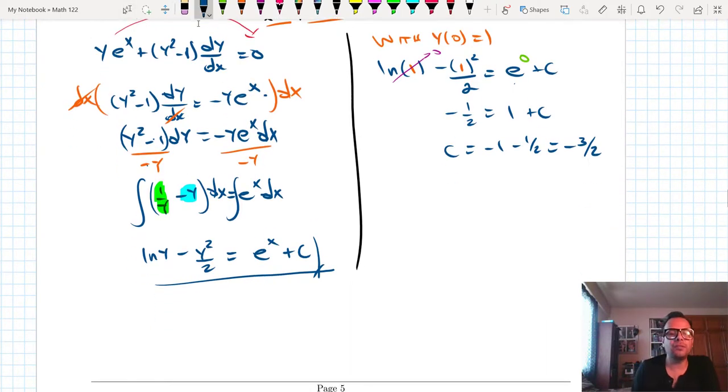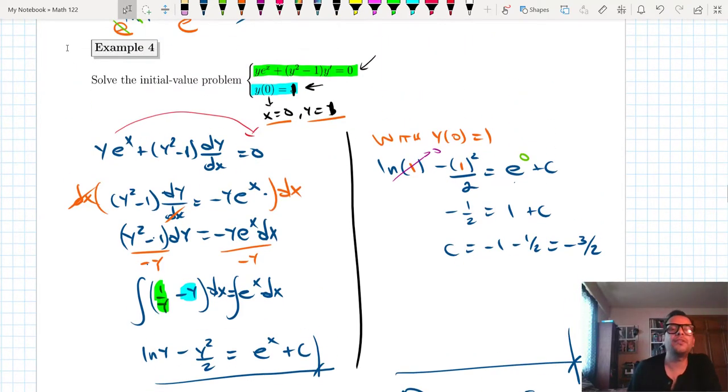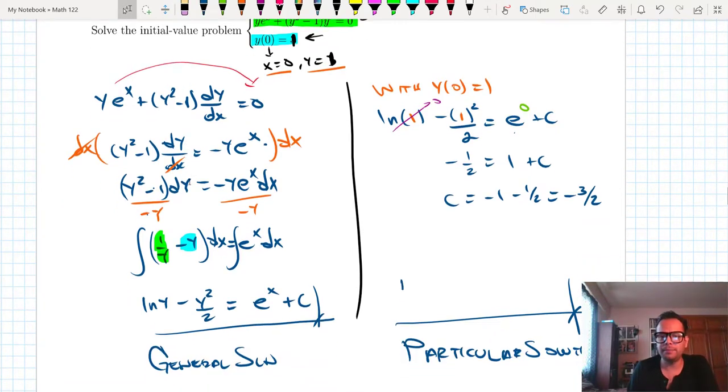So this is the general solution. Now the particular solution, that is the member of the family of the functions that passes through the point x equals 0, y equals 1, is ln of y minus y squared over 2 equals e to the x minus 3/2.